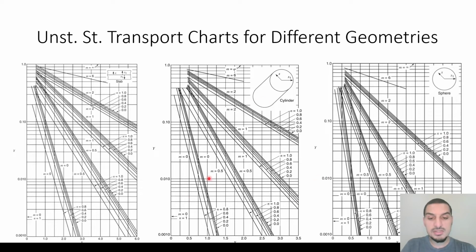Let's say I have the cylinder, with m equals 1, so this is the group of lines that represent m equals 1. Then I want n equals 1, so this is the line that represents n equals 1. I need one more piece of information to pick one specific point, and this is the value of x. If x equals 2, then I will have y here somewhere. Here it's almost 0.035 or something.